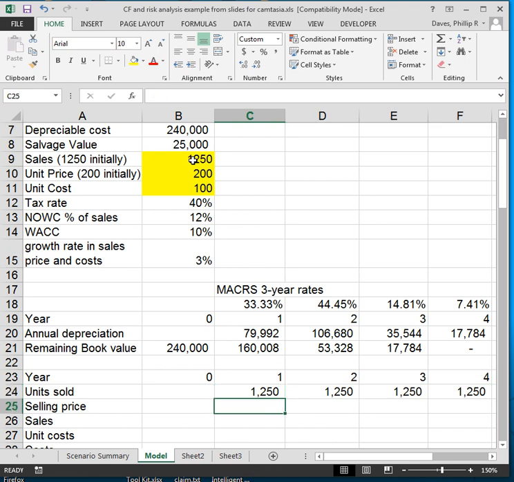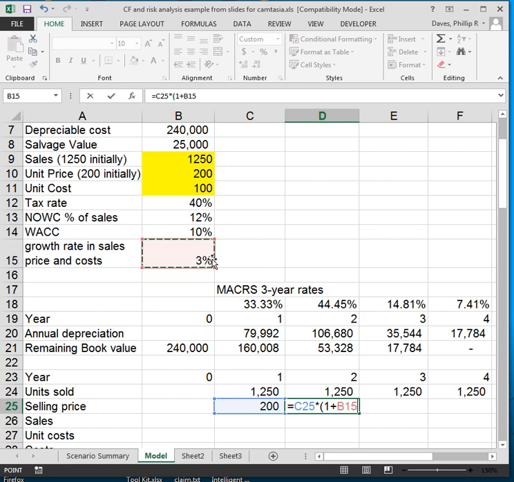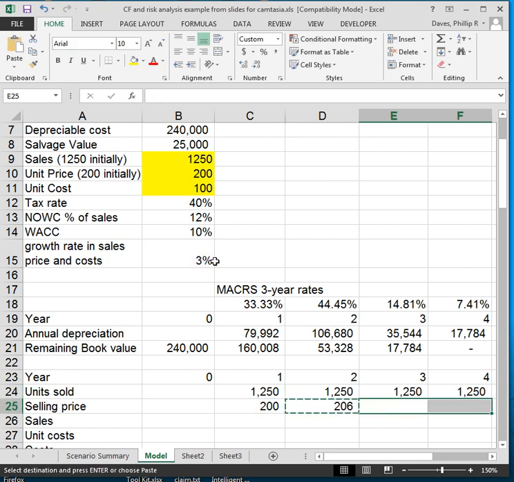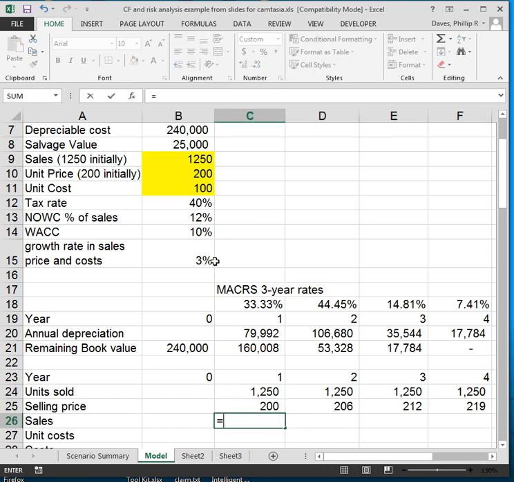The selling price is going to be $200 each initially, and then it's going to be the prior year's selling price times 1 plus the inflation rate in each year. So we copy that over. The total sales is simply the number that you've sold times the selling price.